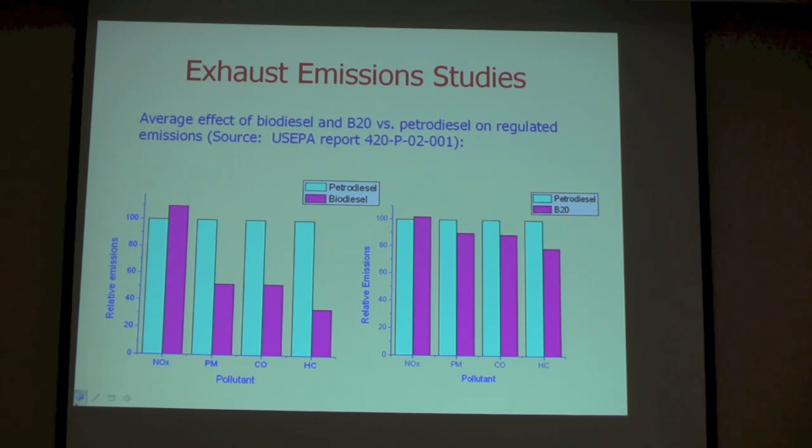If you prepare blends of biodiesel with petroleum diesel, you'll see that the effect is roughly linear to the blend level. Here's some of the data for B20 the US EPA had in their report. You'll see that NOx penalties are reduced, but the benefits in terms of the other 3 exhaust emission species are also reduced when you're using the B20. Next slide, please. Question. Yes.